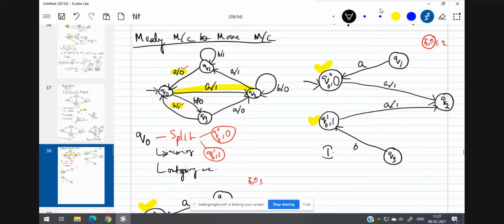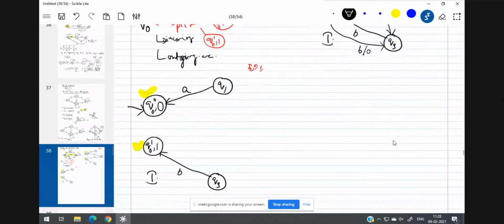Now next, from Q0 to Q3 there is an outgoing arc with input symbol B. So from this to this with B, we'll be doing the same. Again, for Q3 also, we haven't decided what output will be associated with this one. That's why from both Q2 divided parts, we are doing it like this. Now, next one is, oh, sorry.